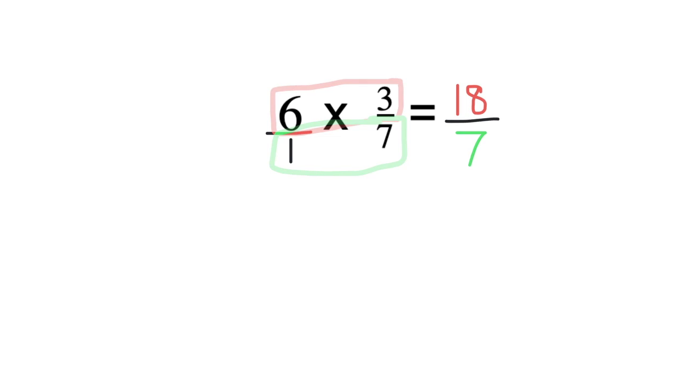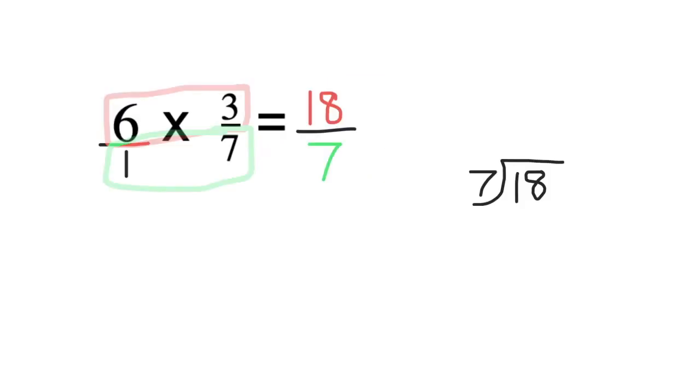You'll notice that our answer is an improper fraction because our numerator is bigger than our denominator. So we're going to use long division to simplify it into a mixed number because the fraction bar represents division. So we're going to do 18 divided by 7. I set up the long division with 18 as our dividend and 7 as our divisor. So we think about how many times 7 can fit into 18. 7, 14, that would be 2 times. So 2 is our whole number.